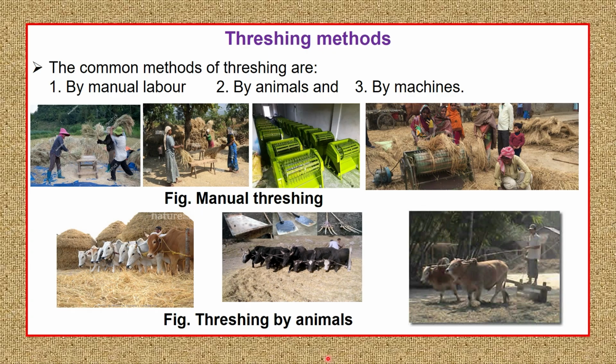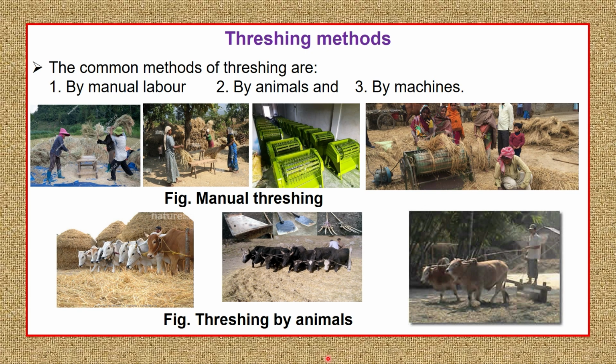As you can see on this screen, all these pictures shown here are related to threshing by animals as well as threshing by manual method or manual labor. Threshing by manual labor is a very ancient and primitive method, where individuals hold a bundle of crop and ram it over a hard surface.